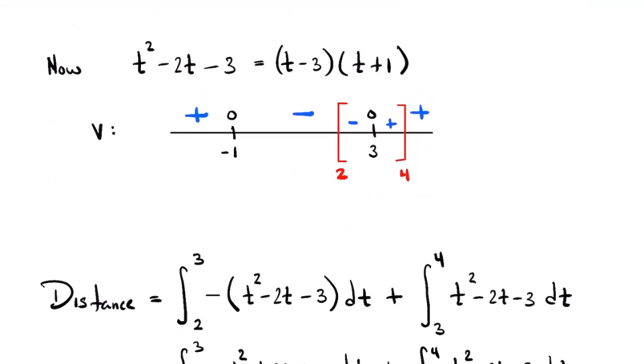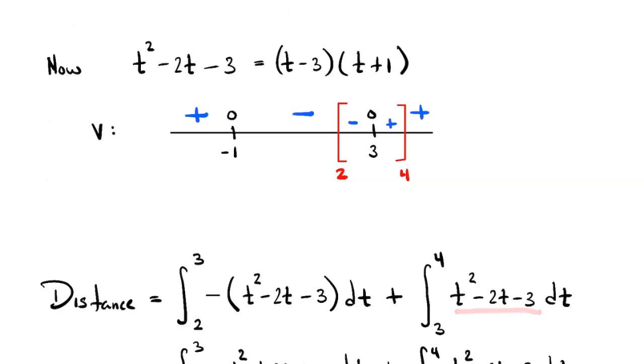So the distance traveled, over the interval from 2 to 3, I'm replacing the absolute value with negative the velocity. That's because the velocity was less than 0 there, and the absolute value of something that's less than 0 is its opposite. From 3 to 4, the velocity was positive, so I just erased the absolute values.